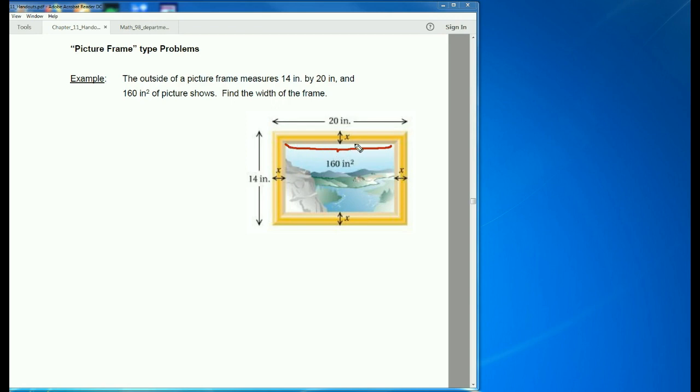So in other words, this is the whole thing, 20, but I have to subtract off x, and then I have to subtract off another x. All right? So in other words, this dimension of the picture is 20 minus 2x.